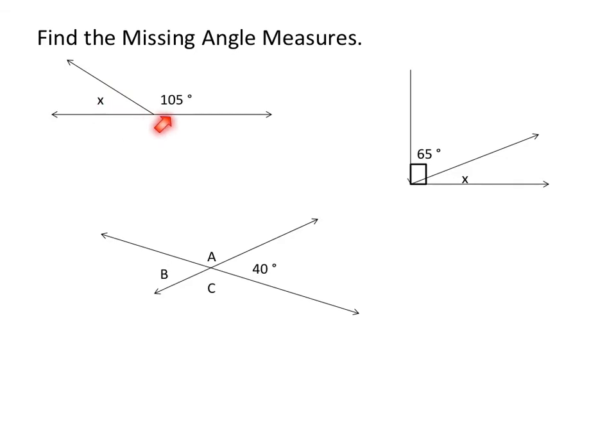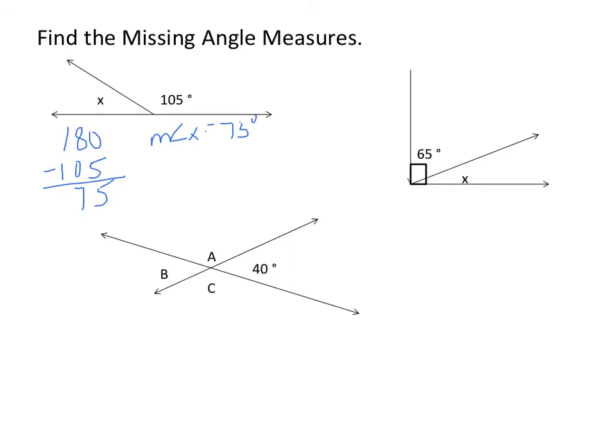Together they form a straight line, so we know they're supplementary angles and they're going to add up to 180. So I can take 180 minus 105 and I get 75. So the measure of angle X is 75 degrees.